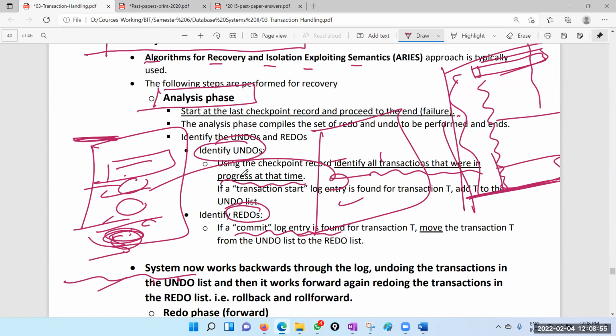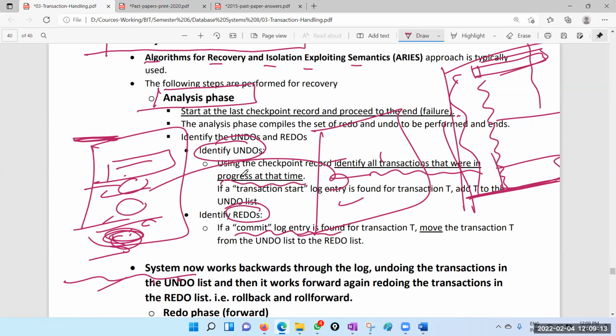Uncommitted transactions we have to undo. So initially we take everything as undo, but if it is committed, we take it to the redo list, because now we know this transaction is fully done and we have to force it to happen.